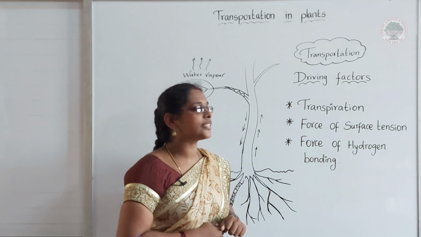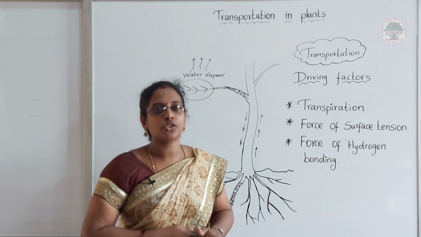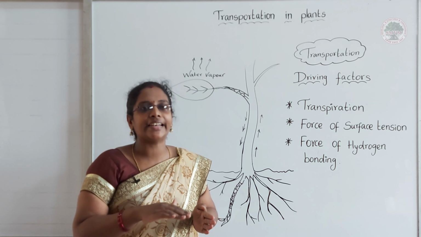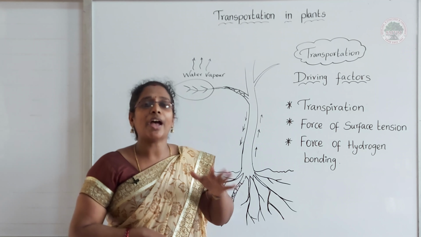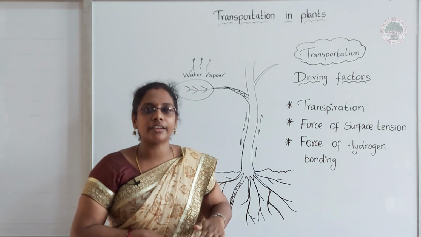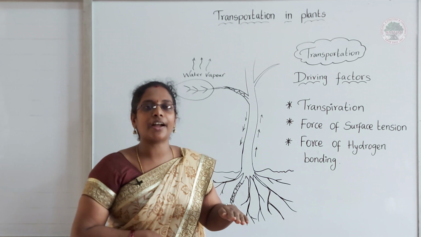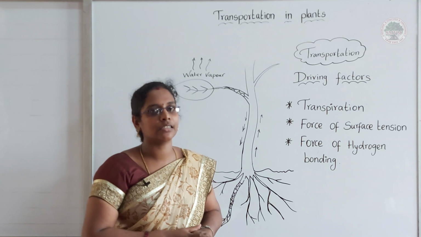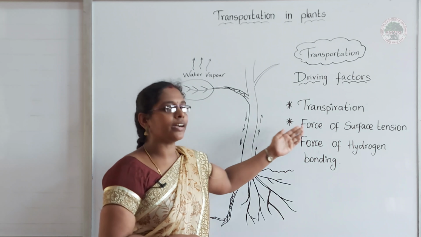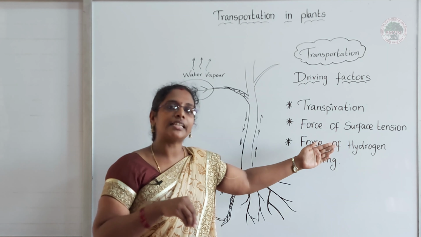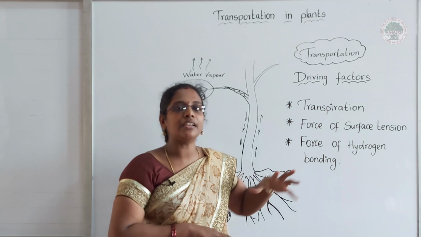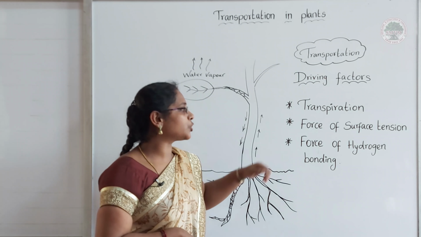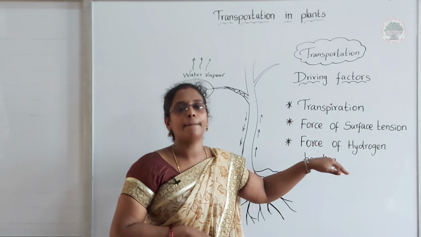Then the second thing is surface tension. Because of transpiration, a surface tension is created inside the cells. Wherever the surface tension is created, it is rectified by sending water or nutrients to that particular place. So that is also a driving factor. Then the next one is the force of hydrogen bonding.